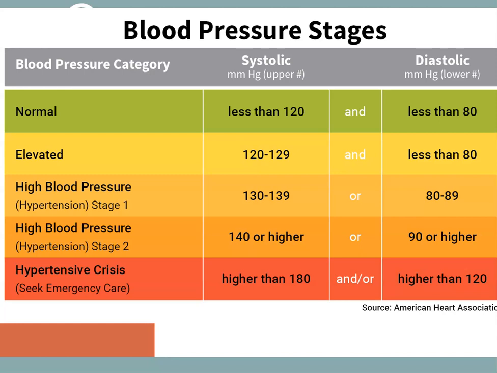Hypertension stage 1, having high blood pressure, would be systolic 130 to 139 or diastolic from 80 to 89. Hypertension stage 2, high blood pressure, would be 140 or higher systolic or diastolic 90 or higher, and then you literally are in a hypertensive crisis if your systolic is higher than 180 or your diastolic is higher than 120.